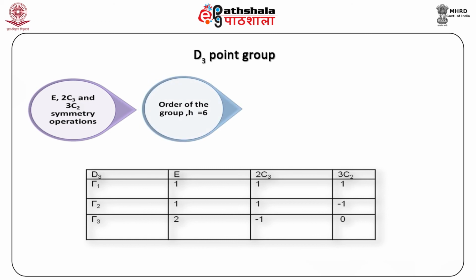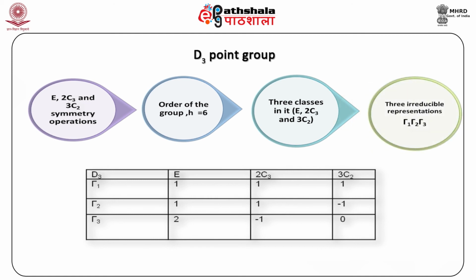Thus the order of the group h equals 6. There are 3 classes in it, E, 2C3 and 3C2. So, there will be 3 irreducible representations in this group, by rule 5. Let these boxes be tau 1, tau 2, tau 3. Thus we can write the D3 table as shown.